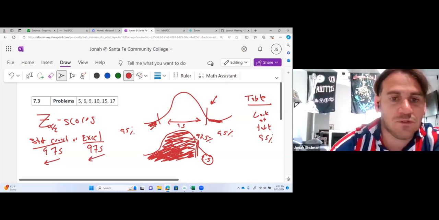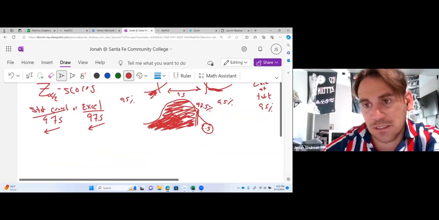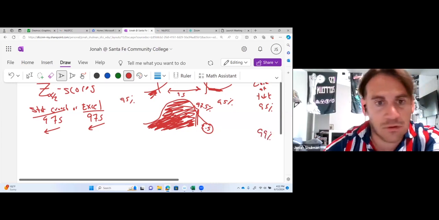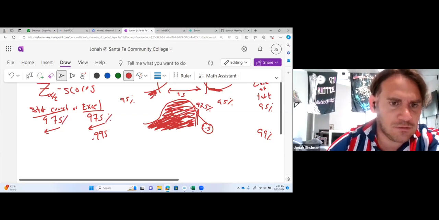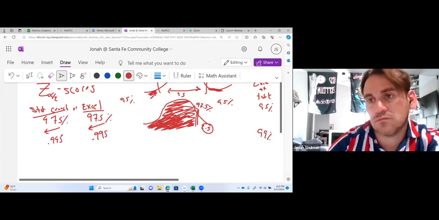Same thing. So if we're talking 99%, it's still 99% on the table, but this is going to be 0.995 to the left on StatCrunch.